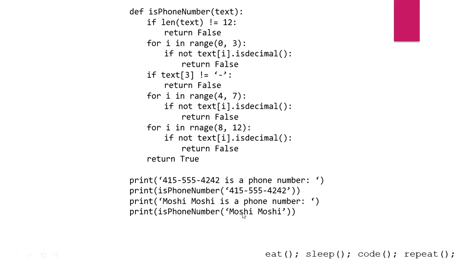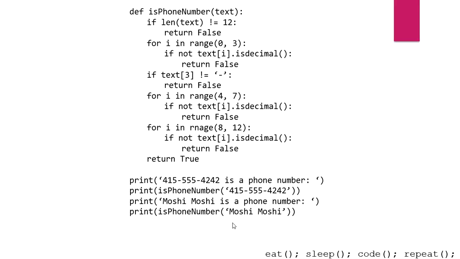But when I write "moshi" in it, it is not a phone number, so false. Because we don't have 12 characters, and then it checked the 0th index, which was not decimal, so false. On the first condition it already got it wrong. Note this is not a regular expression.